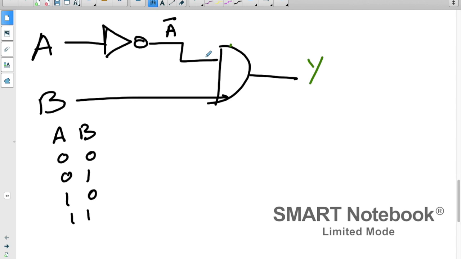So that way you can tell right when you write it on the next column. We're going to put A naught, which means we're going to take A and flip all the answers. Every answer that you see, you flip them. So if you take a look, my answers for A is 0, 0, 1, 1. Which means that if we flip them, it's going to be 1, 1, 0, 0.